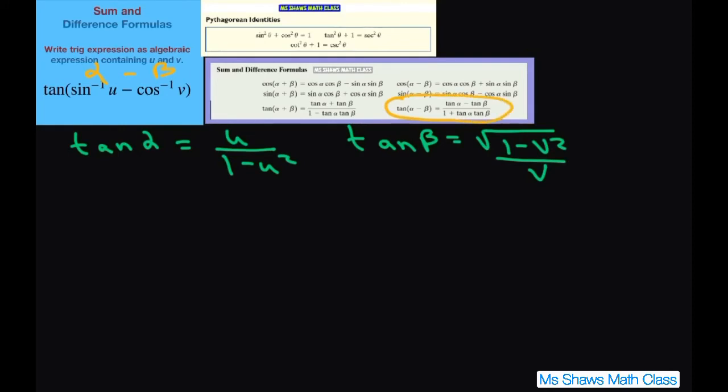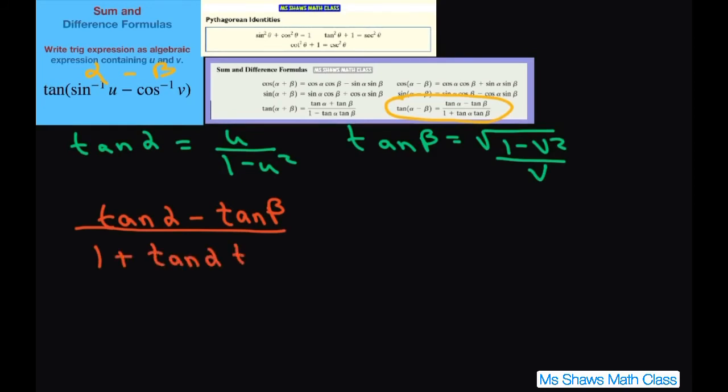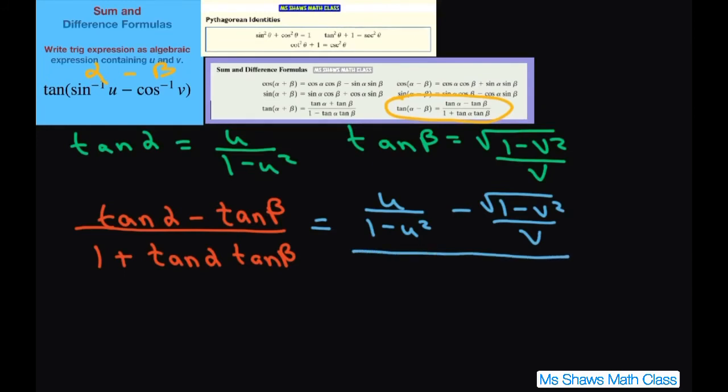We need tan of alpha minus tan of beta divided by 1 plus tan of alpha times tan of beta. So tan of alpha is u divided by the square root of 1 minus u squared, minus tan of beta, the square root of 1 minus v squared divided by v. In the denominator, we have 1 plus these two multiplied.